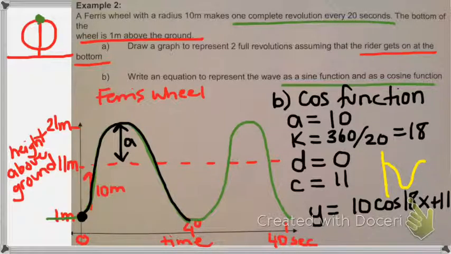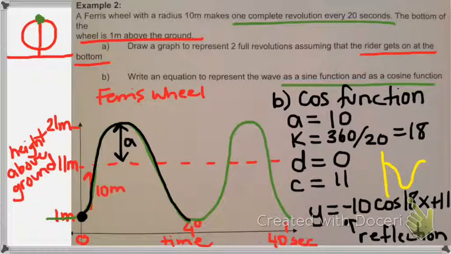It's actually flipped, and we call that type of flip a reflection. We have to show that reflection in our equation, and you're going to show that by adding a negative in front of the amplitude. Whenever you see that difference in graphing pattern where the wave looks upside down, we have to add that negative in front of the A. So this is your cosine function.